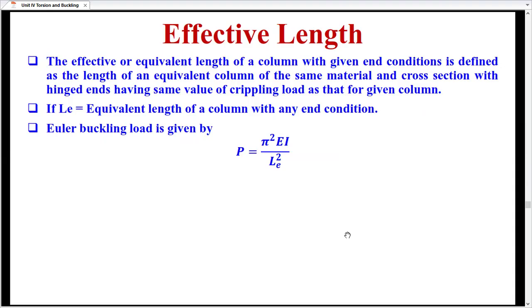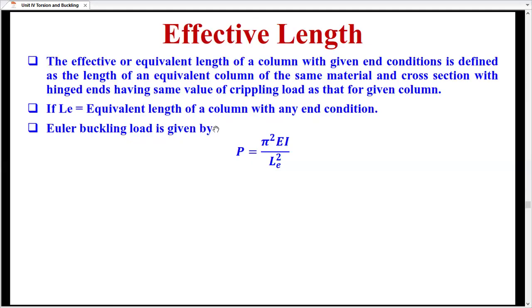That effective length we can consider based on its constraint position. Now to calculate that effective length, we first have to understand at which positions it is constrained. The effective length of a column with given end condition is defined as the length of an equivalent column of the same material and cross section with hinged ends having the same value of crippling load as that for the given column.